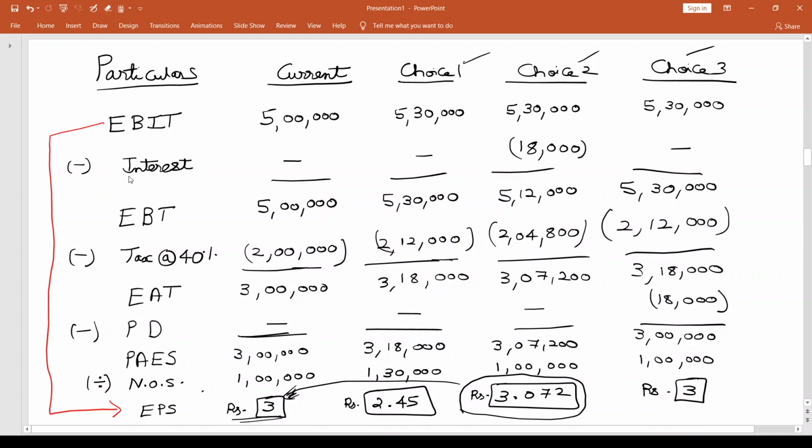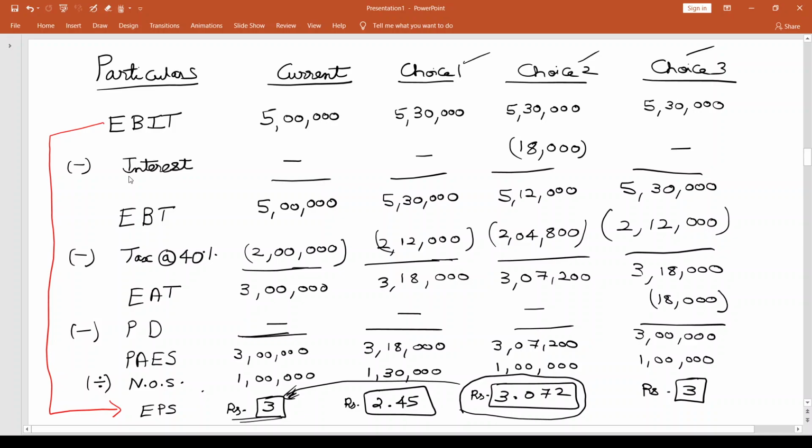Now, if you analyze what has happened here, the conclusion that I would like to draw is, let us say for some reason, I am not able to go for choice 2. Then if I still need to do this project, if I still need to make this investment, the next best choice I have is choice 3, where the EPS is not increasing, but the EPS at least remains the same.